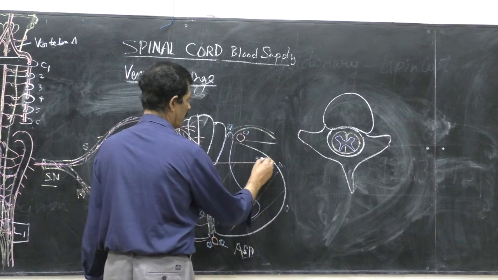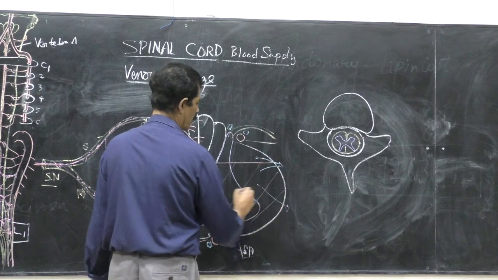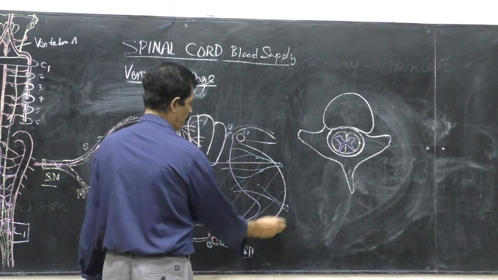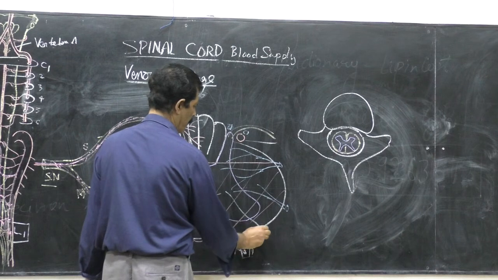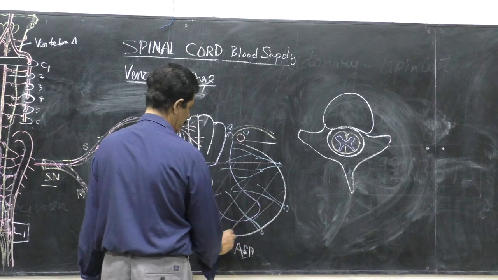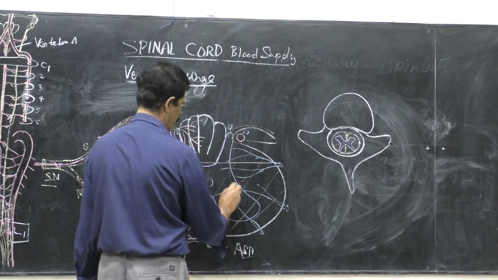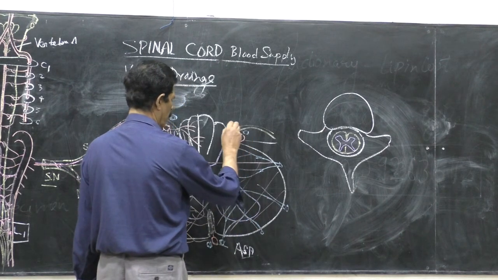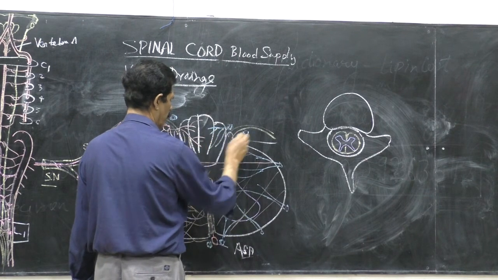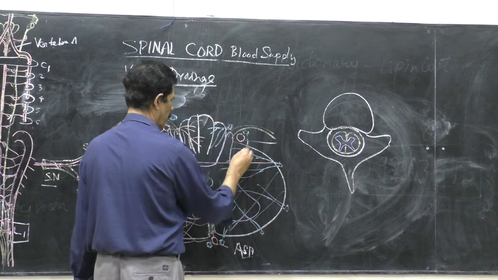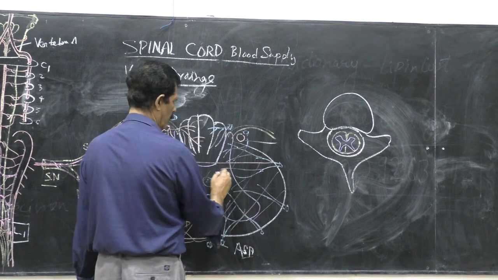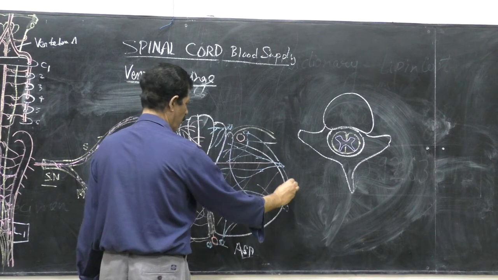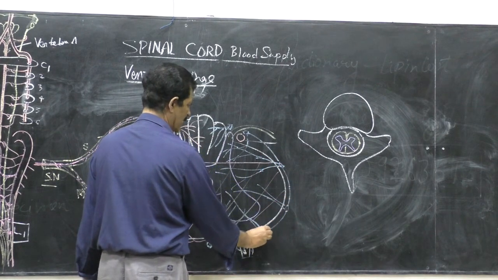Other veins directly come from the substance, gray and white matter of the spinal cord, and they collect the blood. And all these veins anastomose with each other and form a plexus.